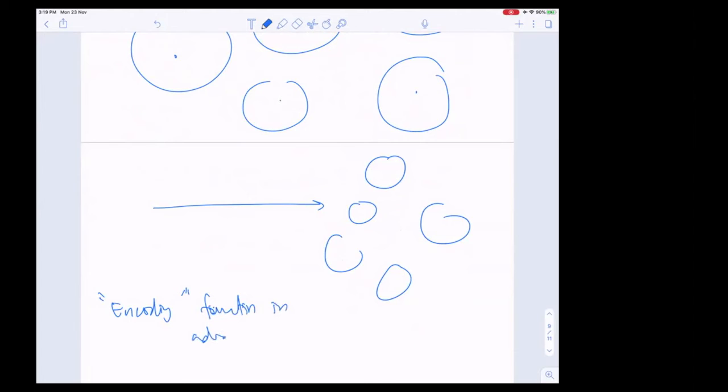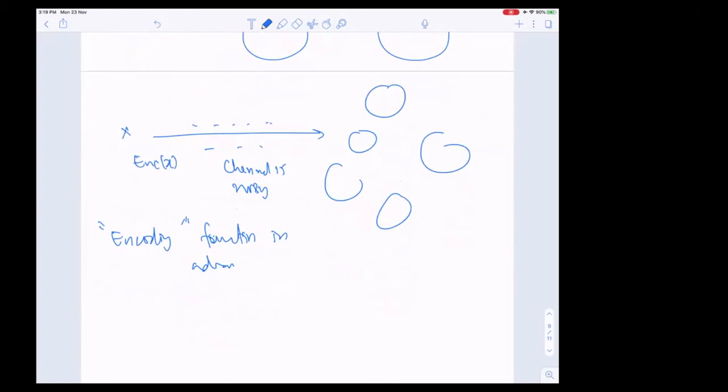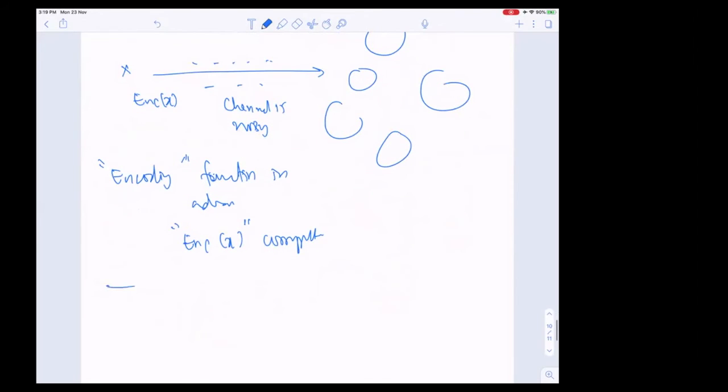Now I take some string x, I apply my encoding to x, and this is what it should send. But now on the way, this channel is noisy, so somehow the encoding of x becomes corrupted. And what is the meaning of corrupted? Some bits are changed.